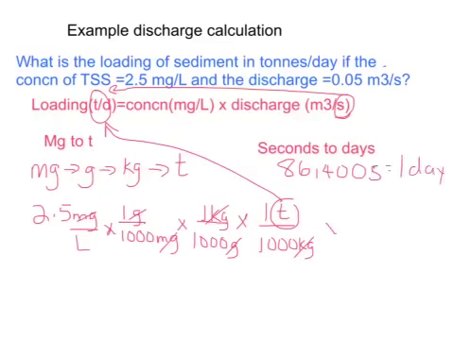So we're going to multiply this by our discharge, which is 0.05. Got that from up here. Cubic meters per second. And then I'm going to cancel out my seconds, which is 86,400 seconds in a day.